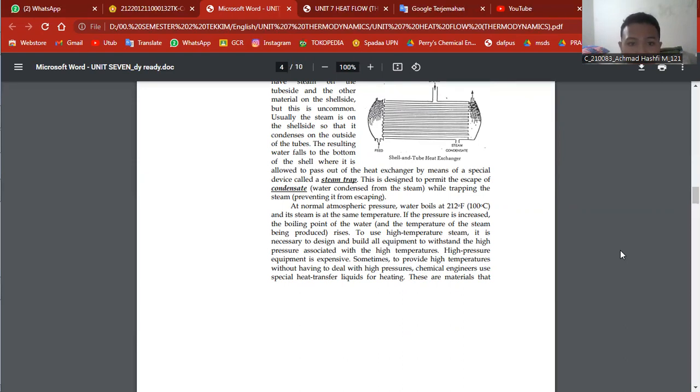The resulting water falls to the bottom of the shell, where it's allowed to pass out of the heat exchanger by means of a special device called a steam trap. This steam trap is designed to permit the escape of the condensate, or water condensed from the steam, while trapping the steam or preventing it from escaping.